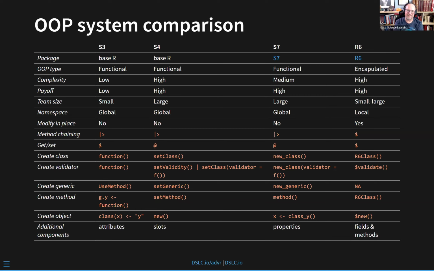Like, I took this R6 object and changed the value of one of its private fields, and now it doesn't work as I'd expect. It's like, yeah, because you broke it. So don't do that. Let's use the methods that are exported, or non-private. So yeah, that's all I have for this one.